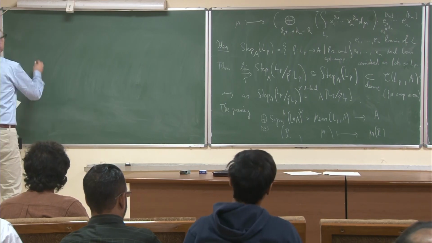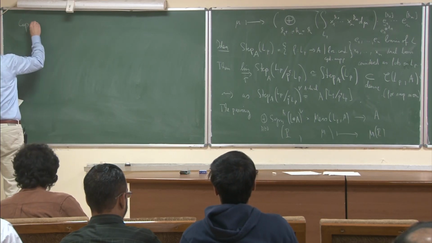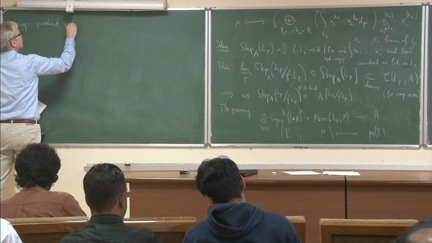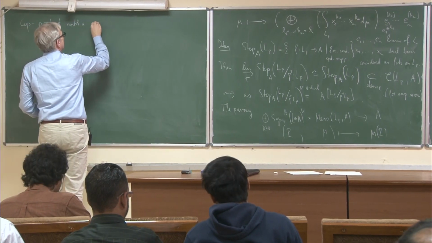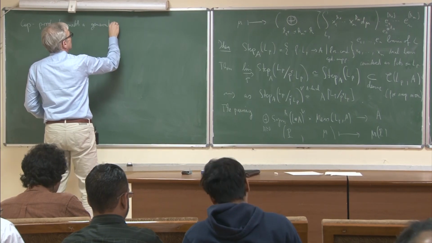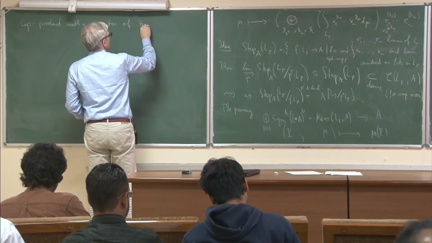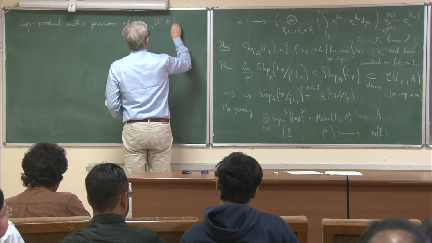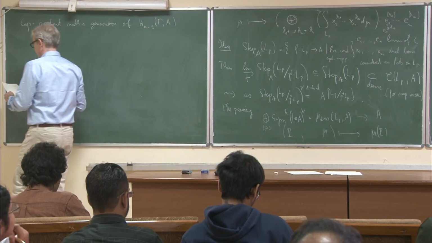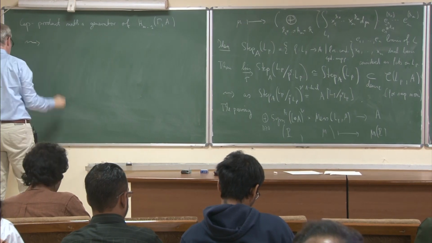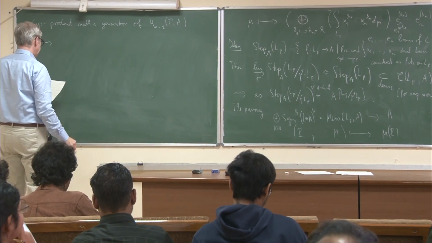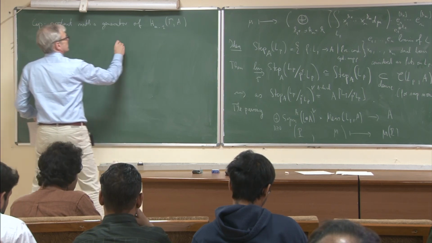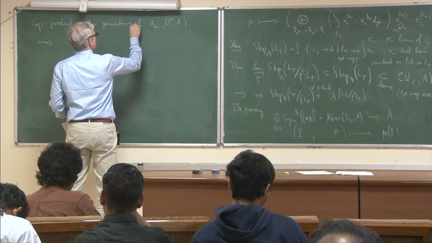So then we take the cap product with a generator of the homology of gamma with values in A, say, maybe I give it a name, generator eta.